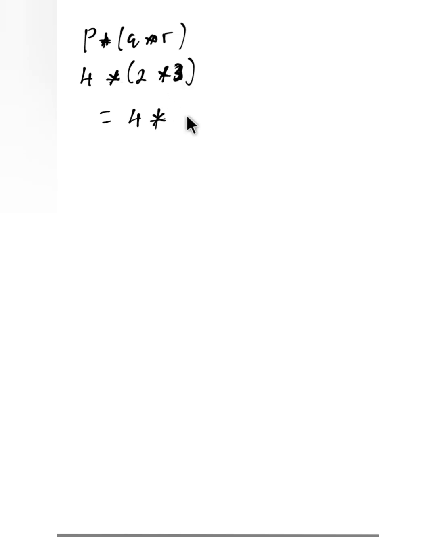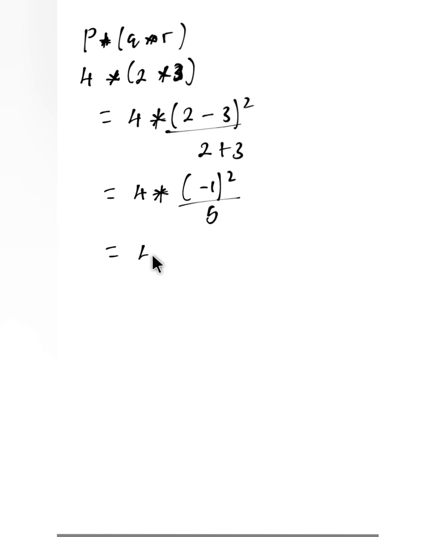We'll solve for this part first using that formula. The formula is 2 minus 3 all square over 2 plus 3. So this is equal to 4 operation, 2 minus 3 is minus 1 square all over 2 plus 3 is 5. So this gives us 4 operation, minus 1 square is 1 over 5.